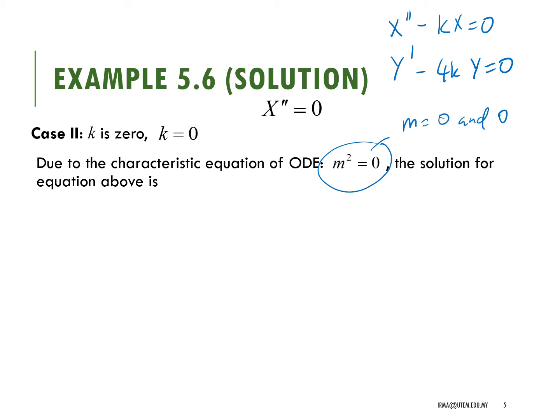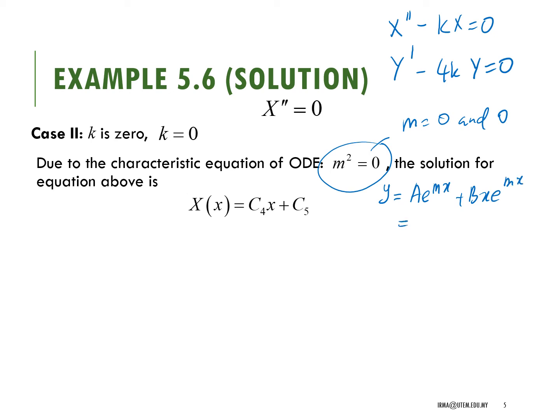So you will have real but repeated, the same roots. Because you have two roots, because it comes from m square. If you implement the general solution, y equal to a exponent mx plus bx exponent mx.